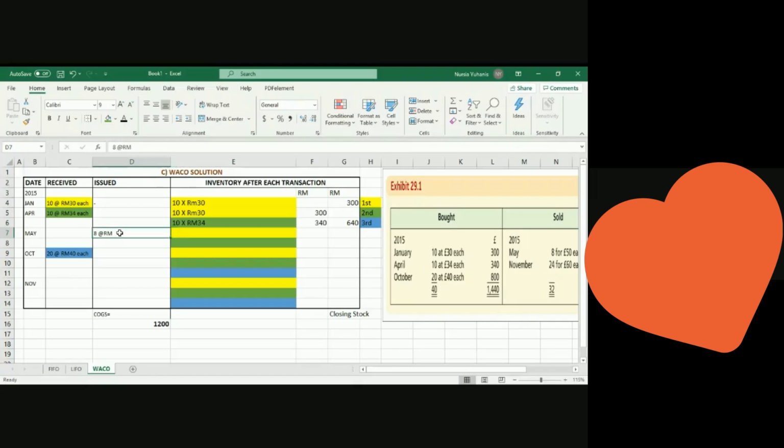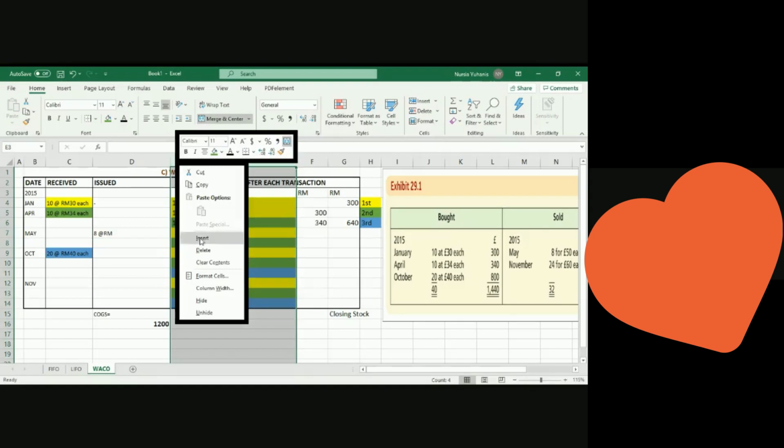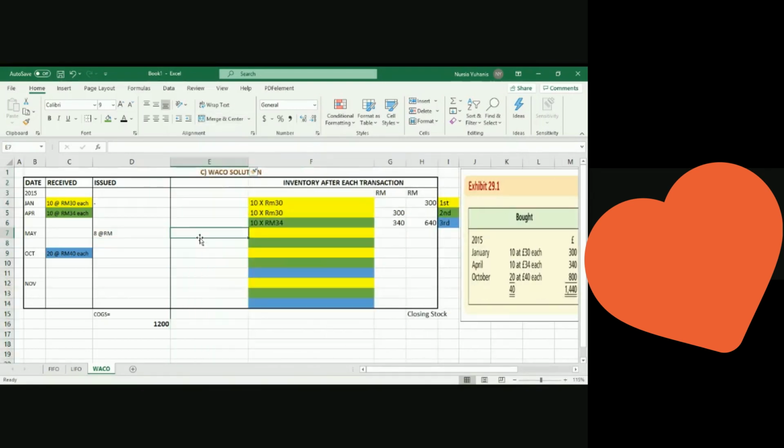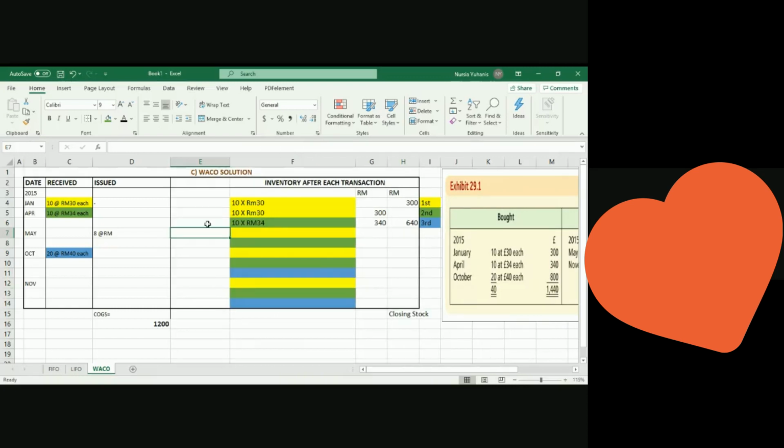All right, so now you sell 8. So how much is the price that you need to put here under the weighted average method? It's better if I put another column. This column I will name as average cost per unit.